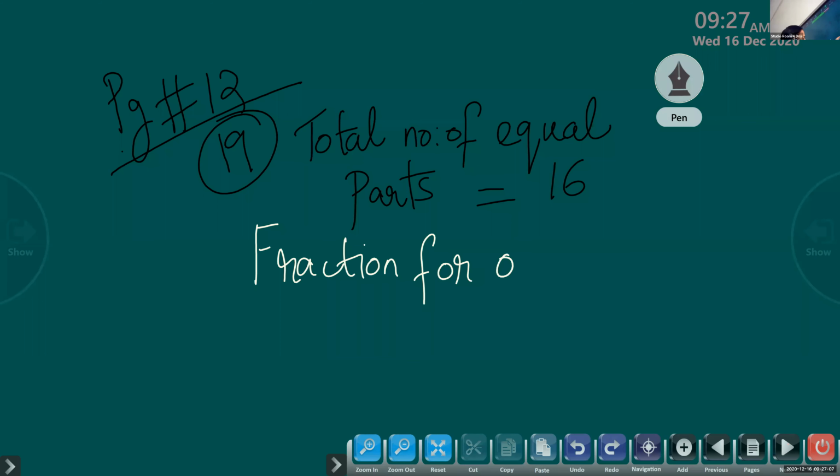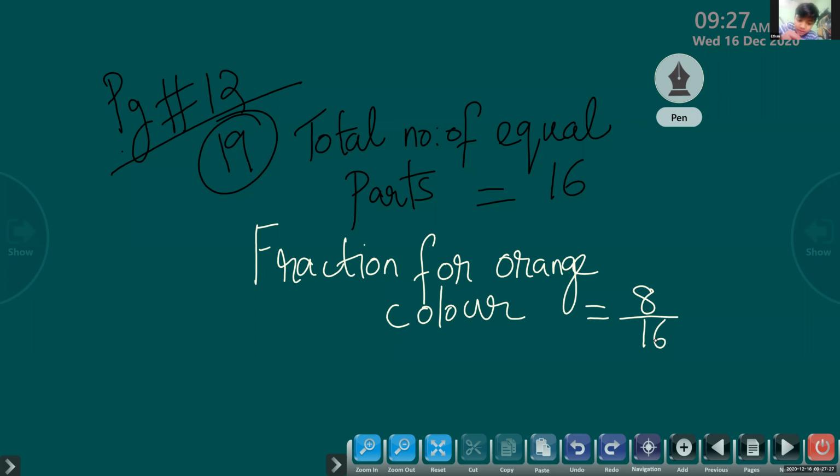Count properly and tell me, because in my book, all the figures are in black and white. So you have to tell me clearly. Fraction for orange color? 8 by 16. So children, orange color is 8.